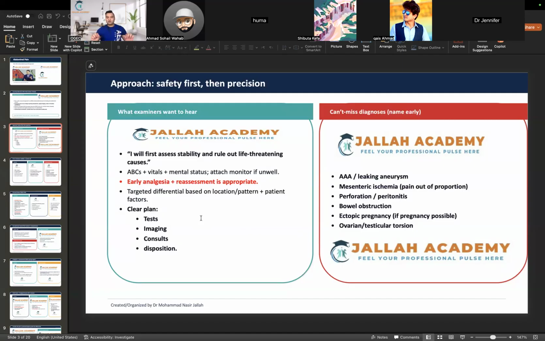If you notice, out of all of these, I made this one red. Why? Because there's a false perception among IMGs that if the patient has pain and we use a painkiller, it will negatively affect the patient's diagnosis. Remember that you cannot do history taking or consultation unless the patient is comfortable enough.